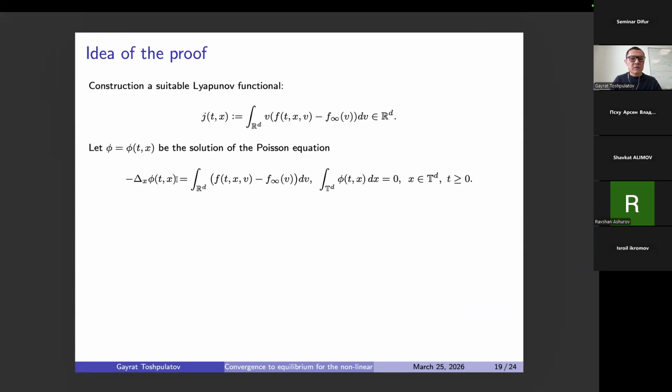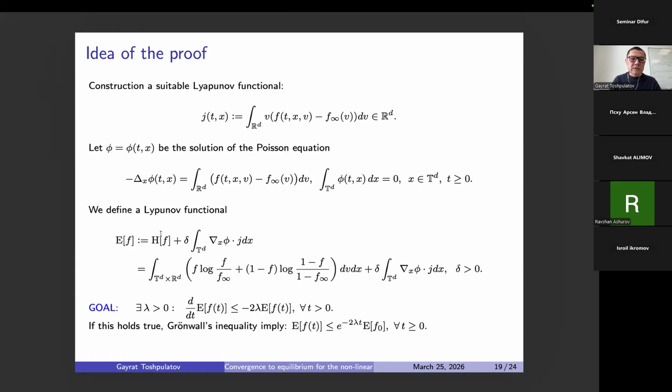And let phi be the solution of the Poisson equation, where on the right-hand side we have the integral of this difference with respect to v. We look for phi whose integral is 0 with respect to x. And it's elementary to show that there exists a unique solution to this Poisson equation.